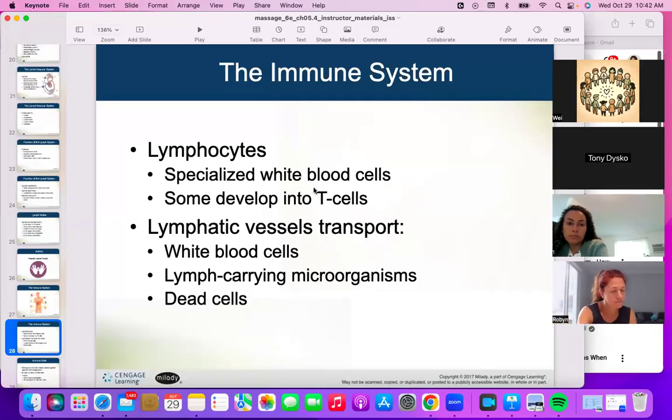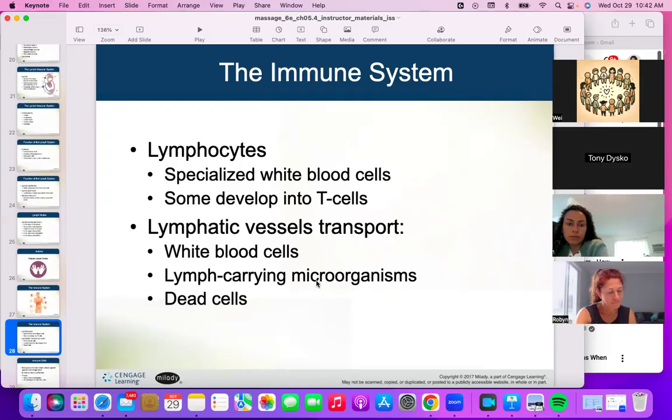Now we know white blood cells originate in the bone marrow, and some of those white blood cells develop to become a type of T cell. We'll talk about it in a second. Now, lymph vessels transport white blood cells and lymph carrying microorganisms and dead cells, which the immune system attacks.